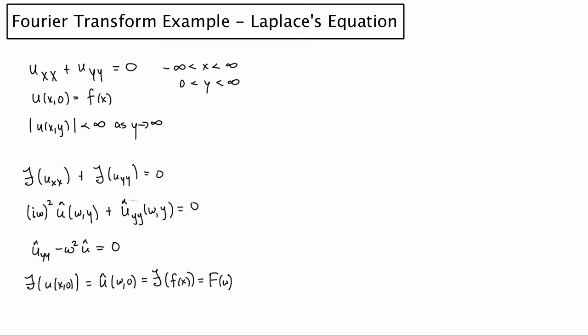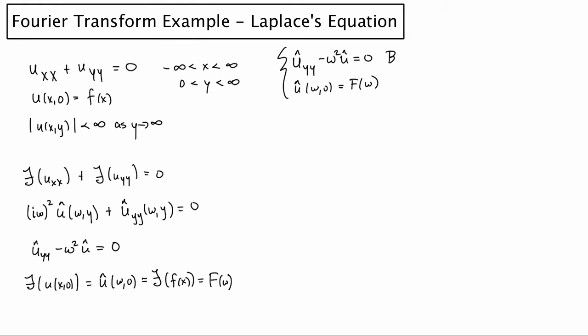So my new problem here is going to be u_yy minus omega squared u hat equals 0, subject to the condition u hat of omega, 0 equals F of omega. So this is the transformed boundary value problem.